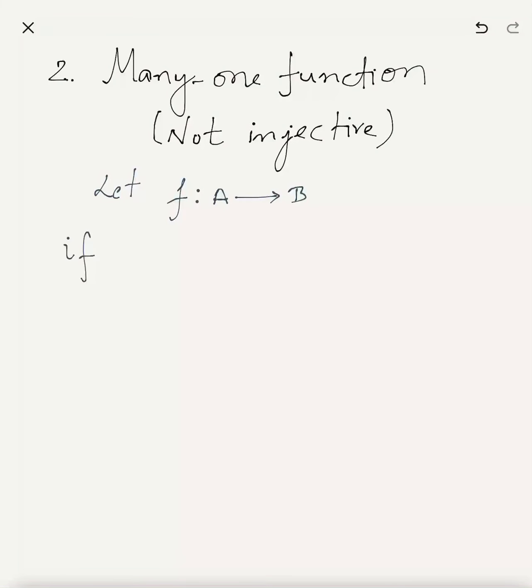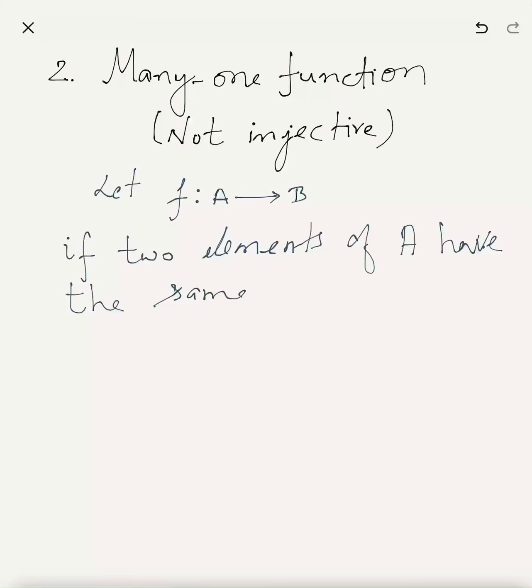If two elements of A have the same f image in B, then we can say that it is a many-one function.